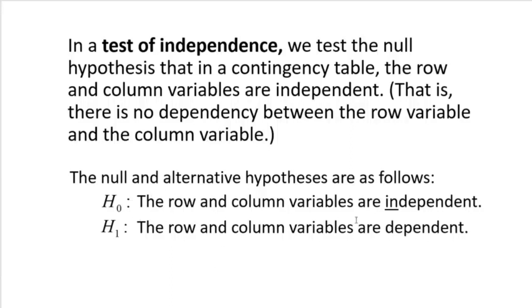So always, always, always, these are the null and alternative hypotheses for this. The null is that the row and column variables are independent. Independent, okay? They are not connected. And then the alternate hypothesis is that they are dependent.